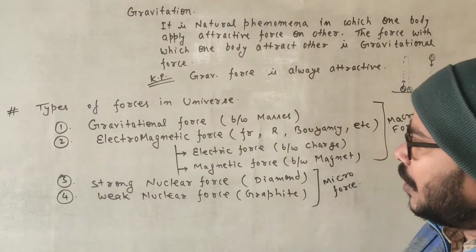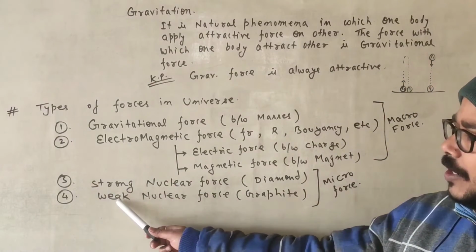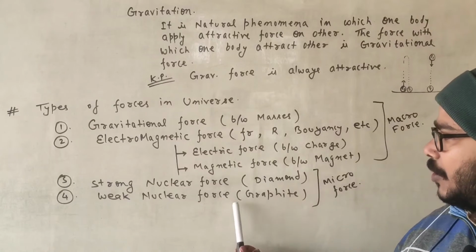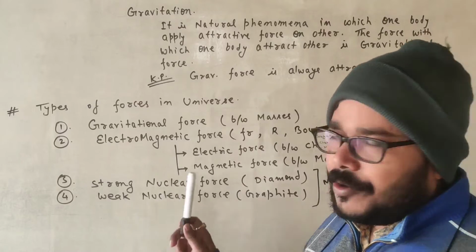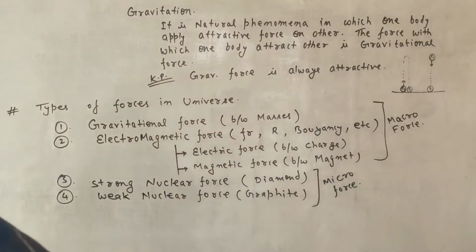The third force is strong nuclear force, and the fourth one is weak nuclear force. Both are nuclear forces. There are two types of nuclear force, one strong and one weak. Diamond is one of the toughest materials in this universe.